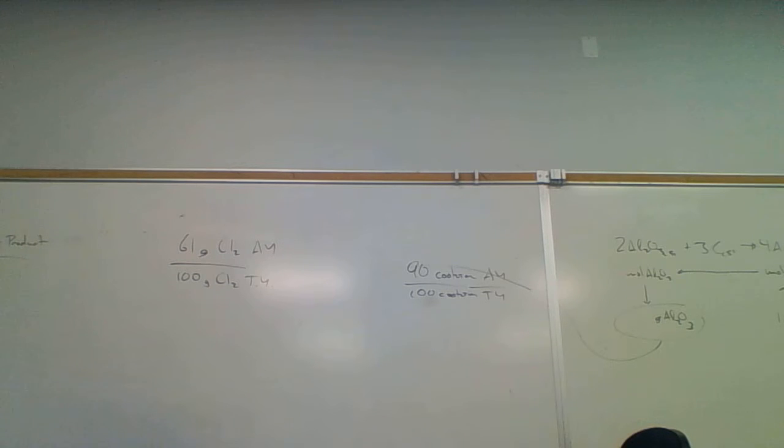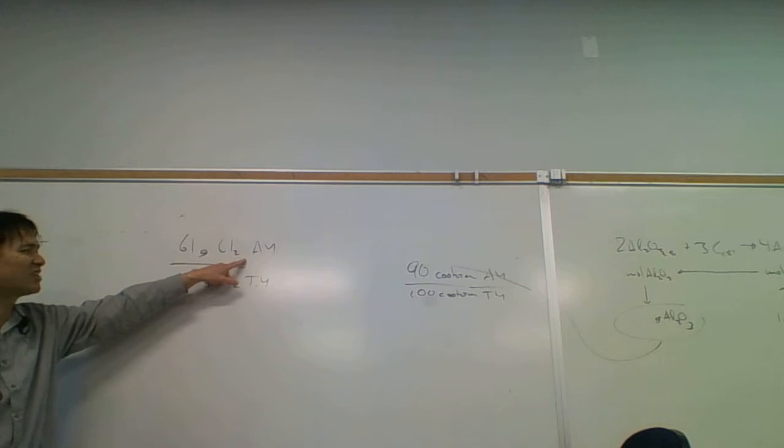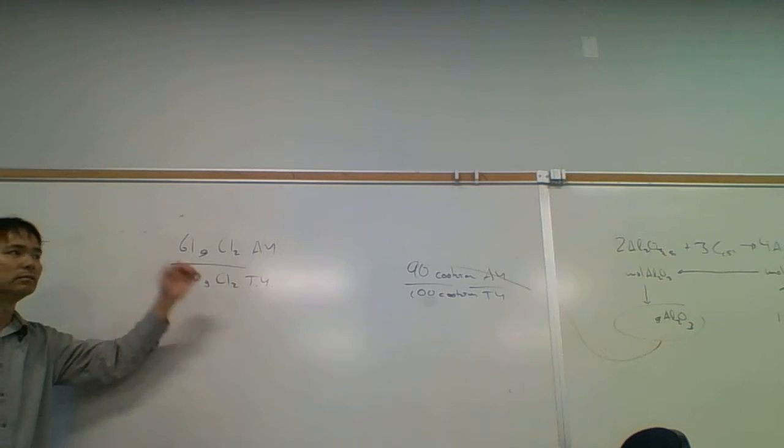Let's say I had a 61% yield of cookies. If I want 61 cookies, then I better plan on baking 100 cookies because I'm going to lose some. What if I want 100 cookies? Well, then I'm going to have to make well over 100. And so this is the 61%. It's 61 grams of chlorine actual yield for every 100 grams of chlorine theoretical yield.